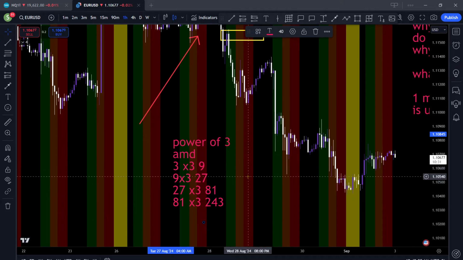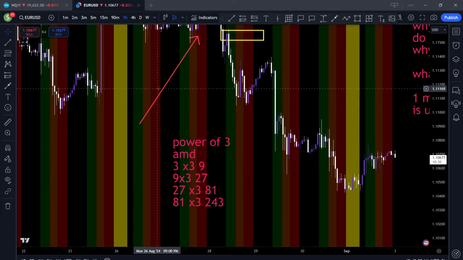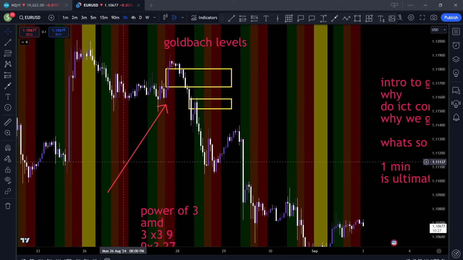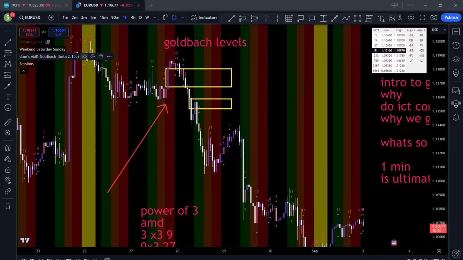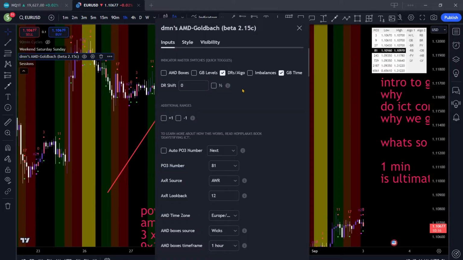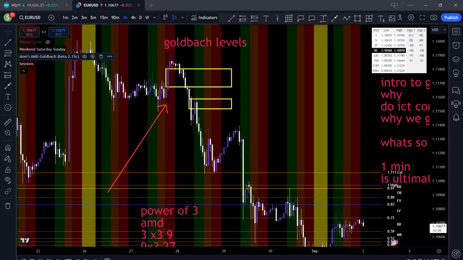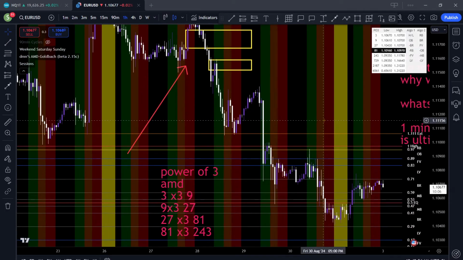Now when I come up here, and I'm on the Euro USD, we actually have an indicator if you've never seen it before, and I'm going to take off all the wild stuff. But long story short, we're going to check out these levels.